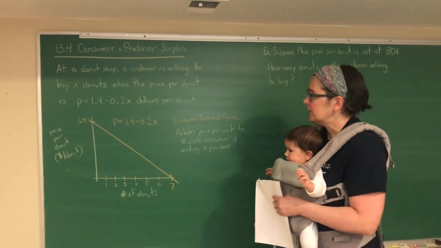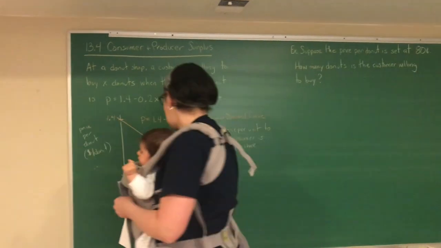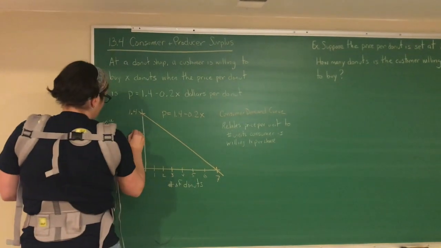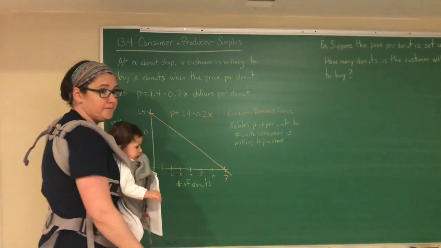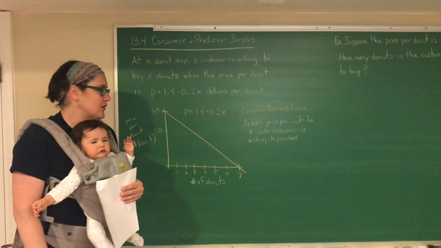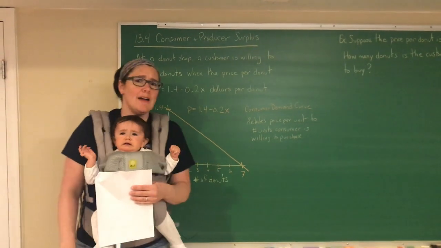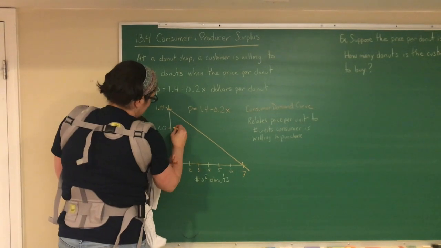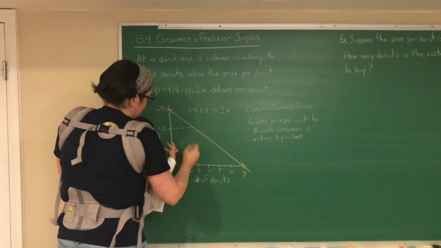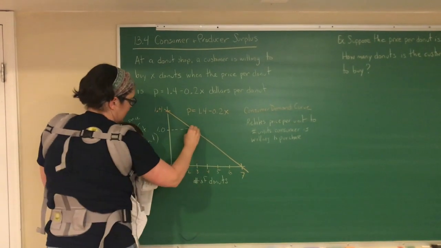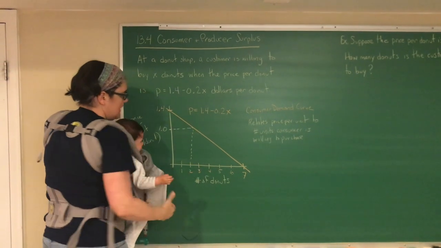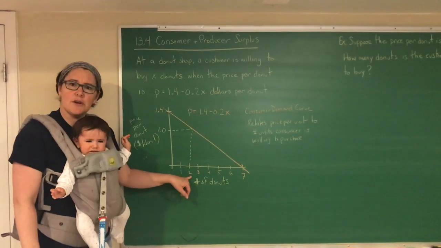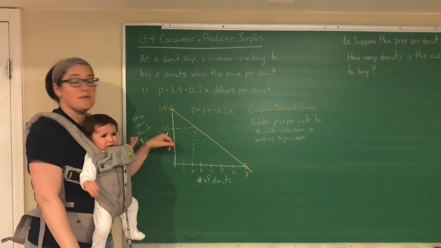On the other hand, when the price was set at $1, she said, you know what, I'll buy 2 donuts. If we look at our graph and walk across and then down, the number of donuts she's willing to purchase is 2 if the price is $1.